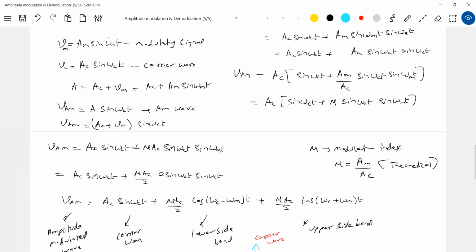I took a sine graph, so corresponding to sine only, let me show it.